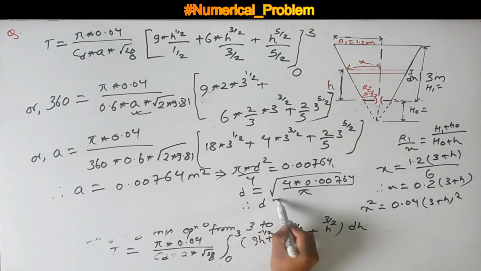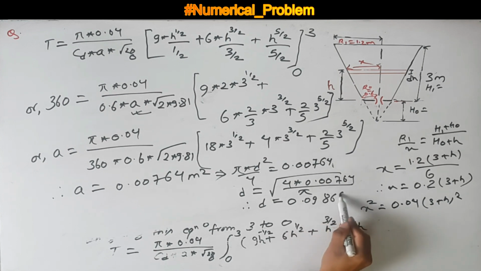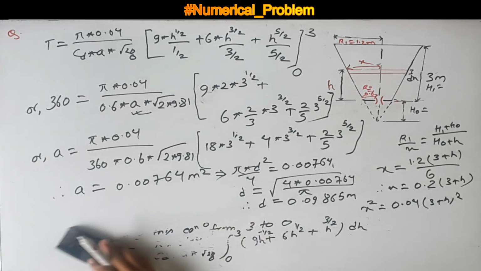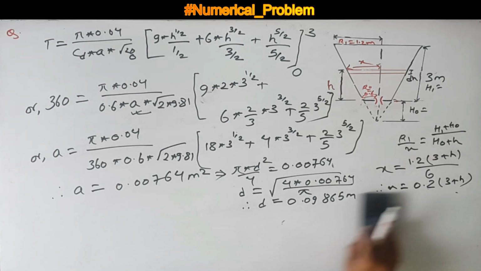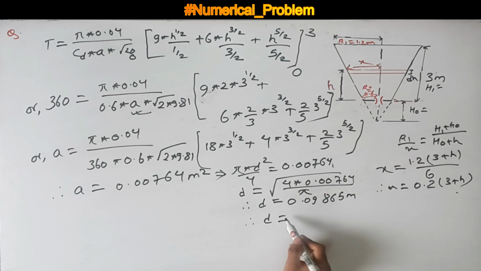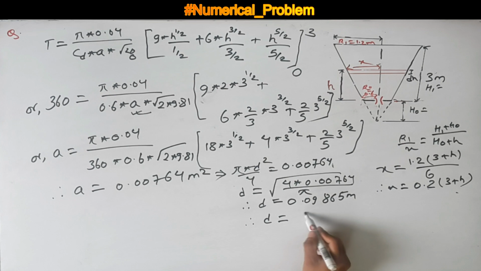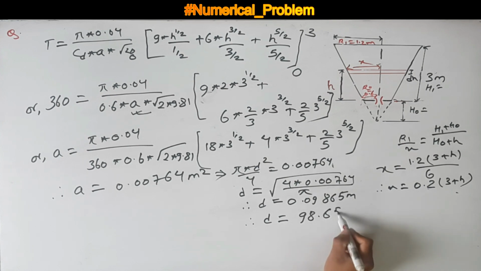From here we get the diameter of the orifice as 0.09865 meter. We can convert this diameter into mm. For that we have to multiply it with 1000. It is 98.65 mm. So this is the required size of the diameter to empty this tank.